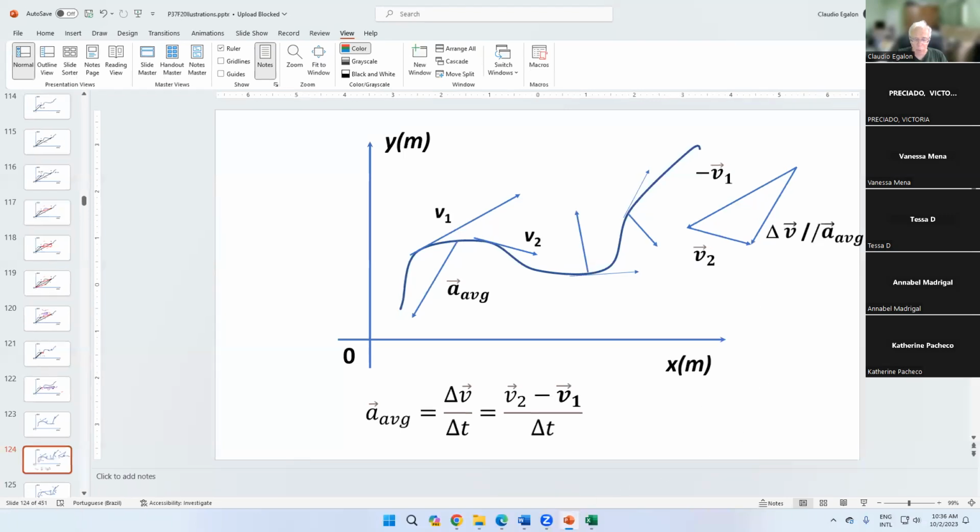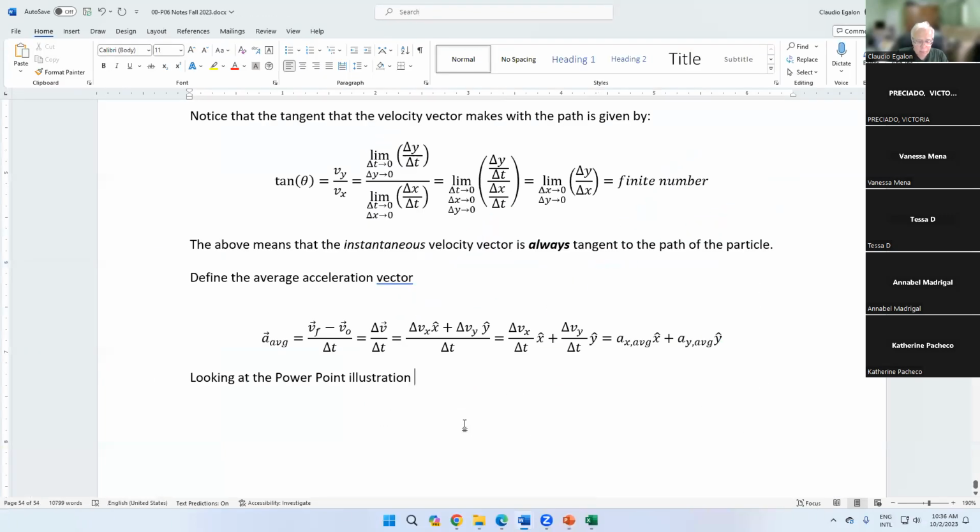And that's what I want to write next. With the PowerPoint illustration, we know that the average acceleration vector points towards the center of the concavity of the path.